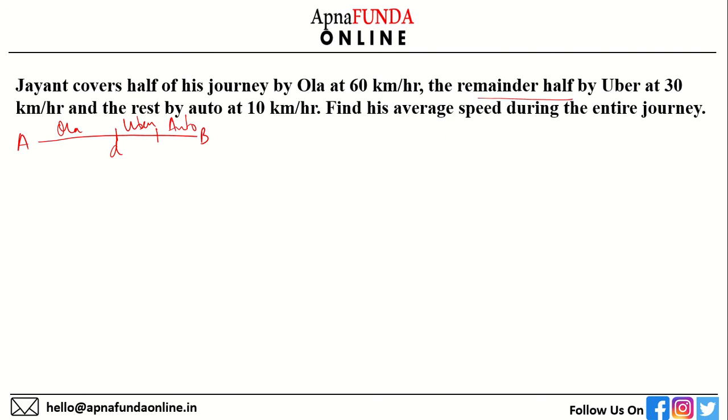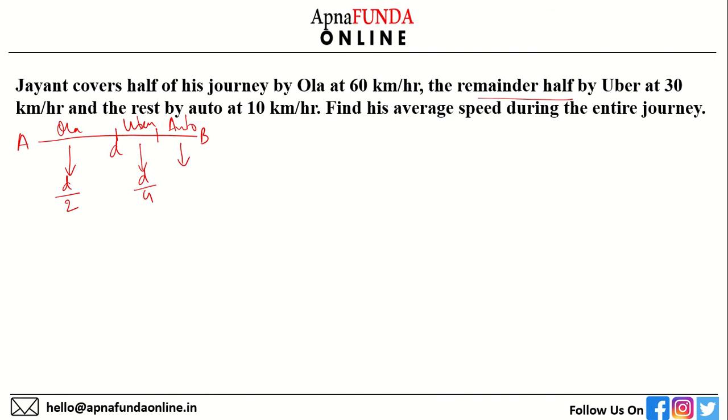Let's say the distance between these 2 points is d kilometers. So can I say that the distance he traveled by Ola is d by 2 kilometers, and the distance he traveled by Uber is d by 4? Half of half is d by 4.